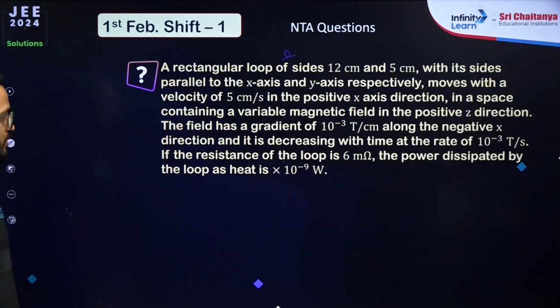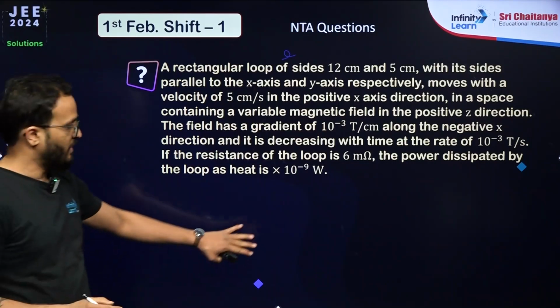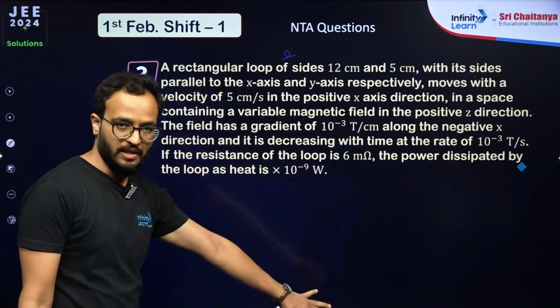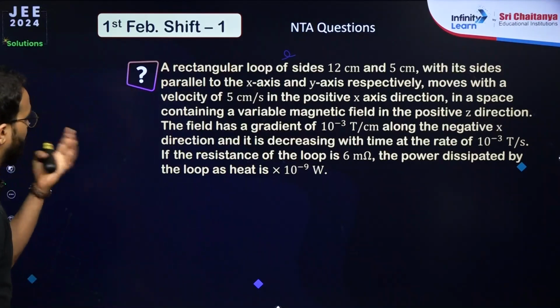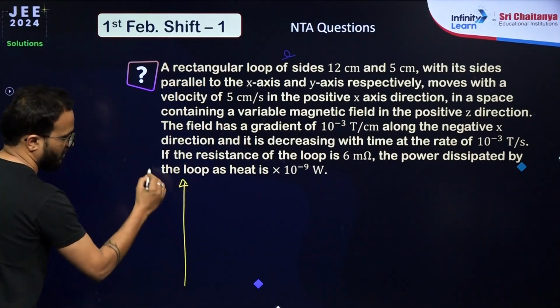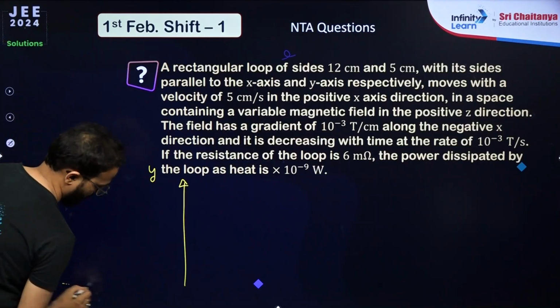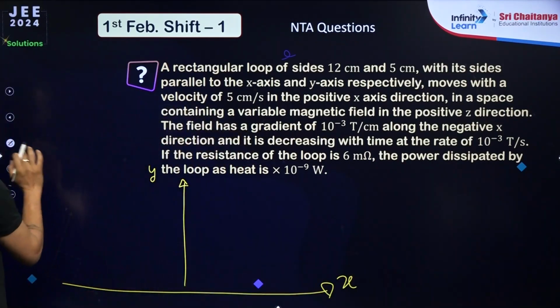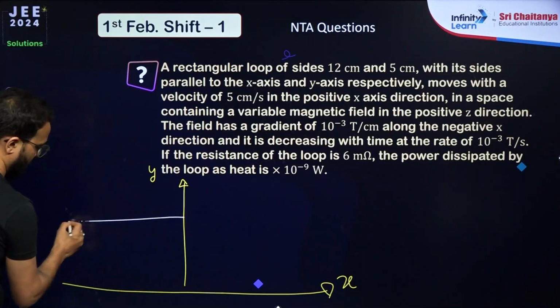This is a wonderful question. It will take a little time to explain, but focus here. What they have given, I will write it on this page, then I will take an extra slide so that I can explain the solution on that slide. Okay. So first of all, the concept is somewhat like this. This is the y-axis, this is the x-axis, and let's say a rectangular loop is kept like this.